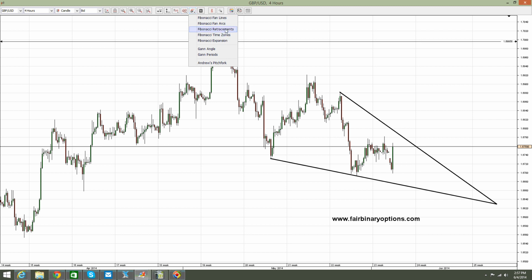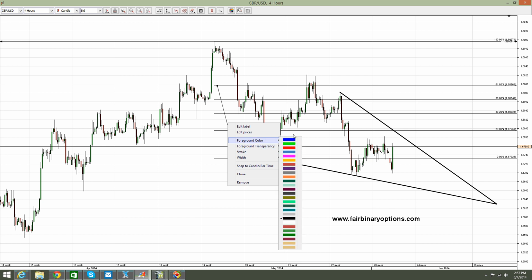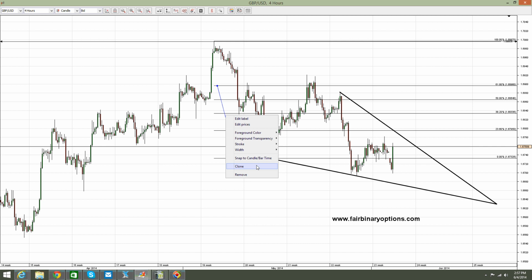Now if you take a Fibonacci retracement, going exactly from those highs to these lows here, and take the 61.8 retracement from here to here, and let's change the color to blue, and then you clone the measurement and put it here, basically the third wave that follows should be smaller than 61.8.